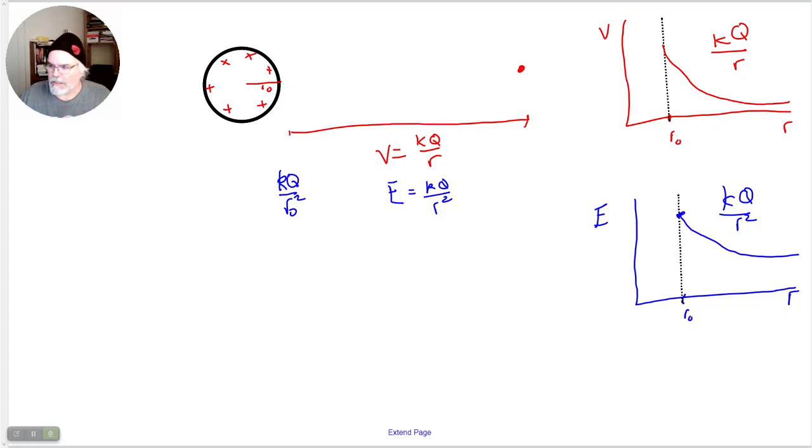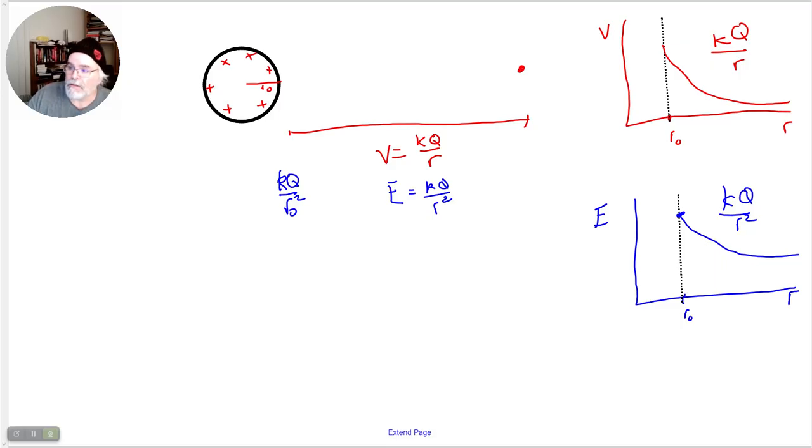Back to the physics. Okay, so that's the electric field. The potential at the surface, right, is the potential difference at the surface is 0. There's no change in potential. The surface is all at the same potential, right? So there's no change in potential at the surface.